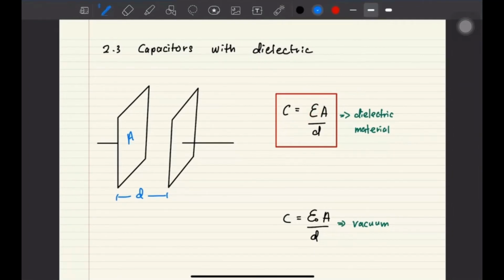Okay, epsilon here is actually equals to epsilon naught multiply dengan epsilon r. Kalau case yang dalam vacuum, maksudnya spacing between two plates tu dia adalah dalam vacuum. Maksudnya tak ada apa-apa dalam tu. So your epsilon r tu sama dengan 1.